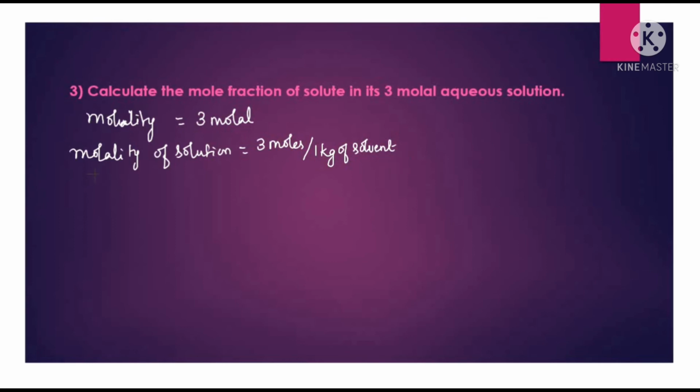Now we know the number of moles of the solute. Number of moles of the solute is 3 moles, right? So how to calculate the mole fraction of the solute? Let us write the formula.